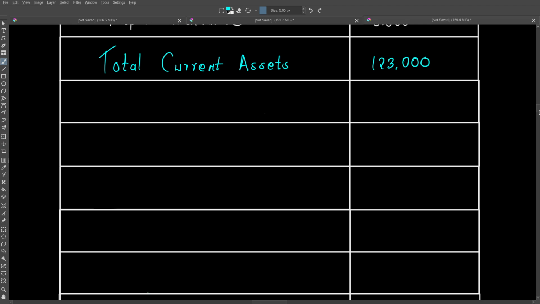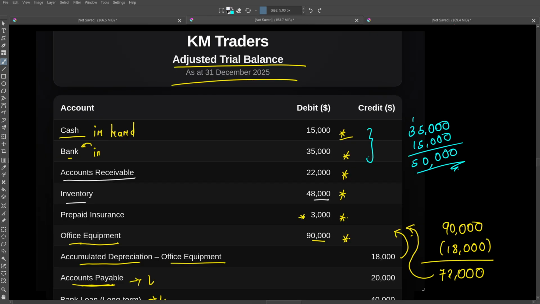Now let us look at the next section, which is the non-current assets. Remember, the non-current assets are the assets that you will utilize in a period of more than 1 year. For example, office equipment.